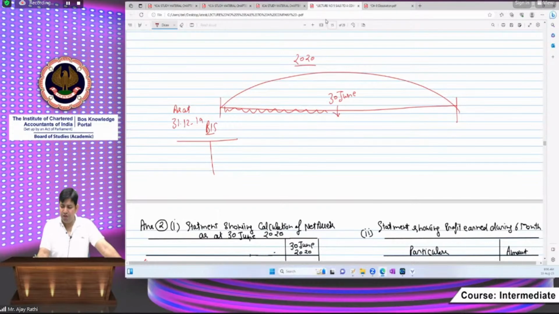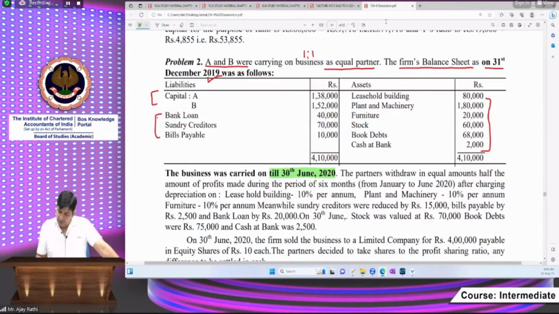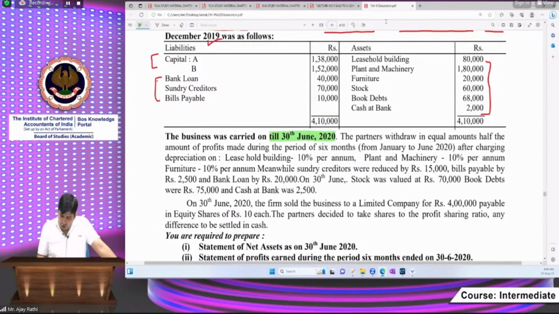You will be enjoying this unit also. So business was carried on till 30th June. Anyways, now in the next paragraph, it has been given. On 30th June 2020, the firm sold the business to a limited company for rupees 4 lakh.